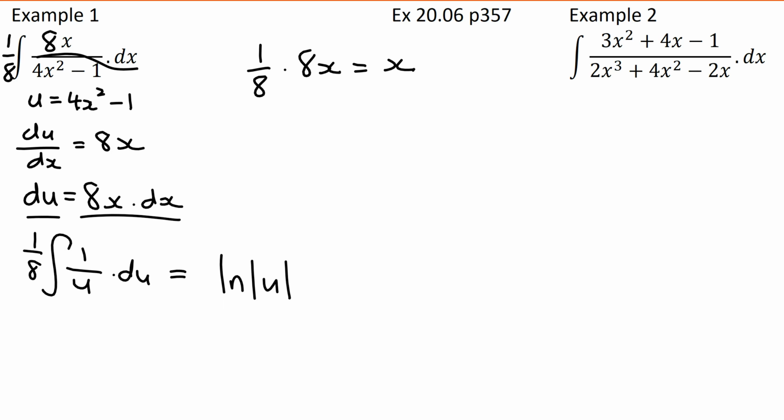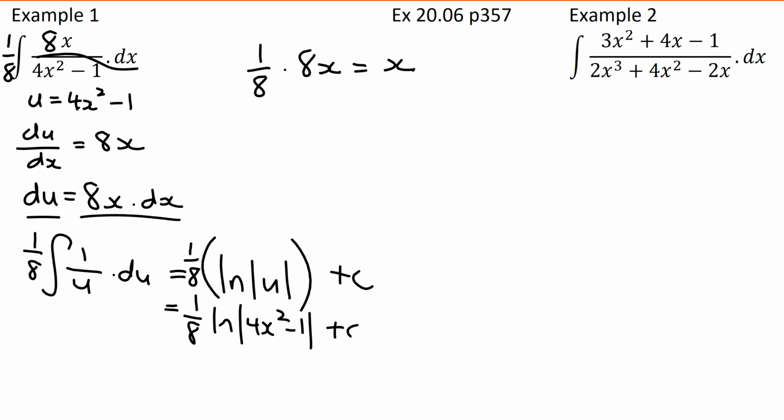Is that right? I've got to times by this 8. I'm going to have that plus c. So what's my answer? My answer is an 8 natural log of 4x squared minus 1 plus c. Where'd that 8x go down?